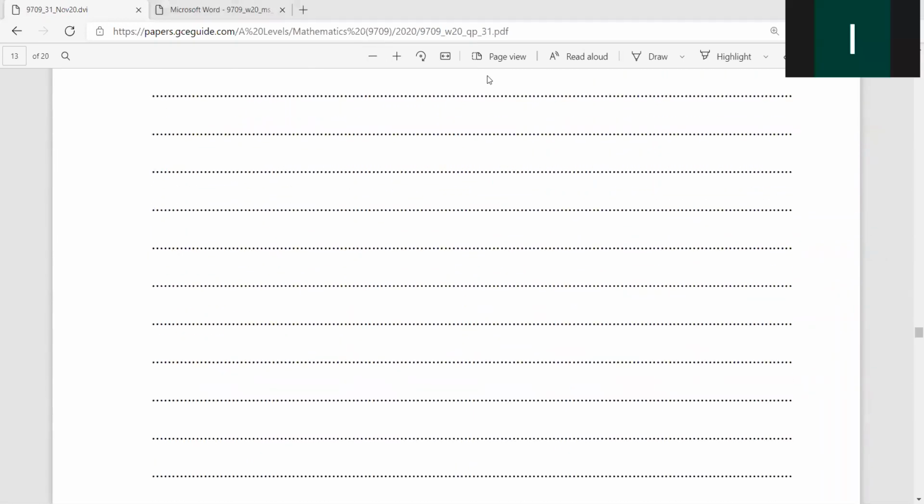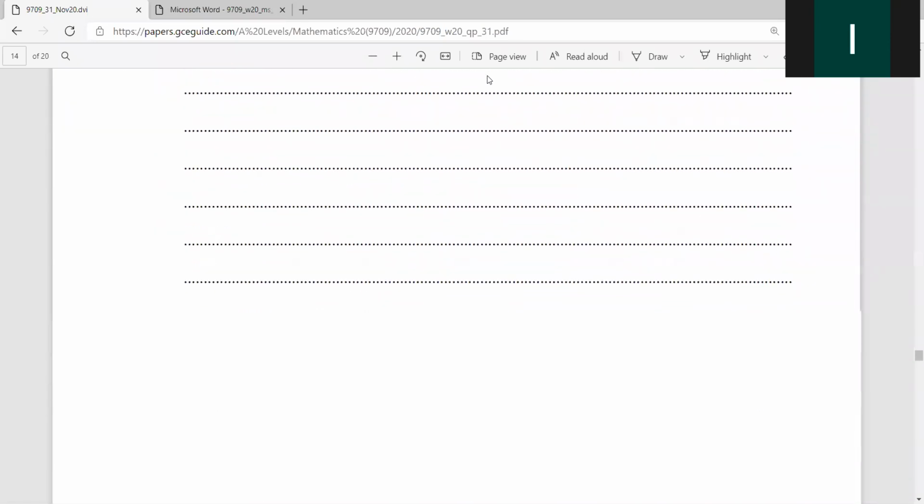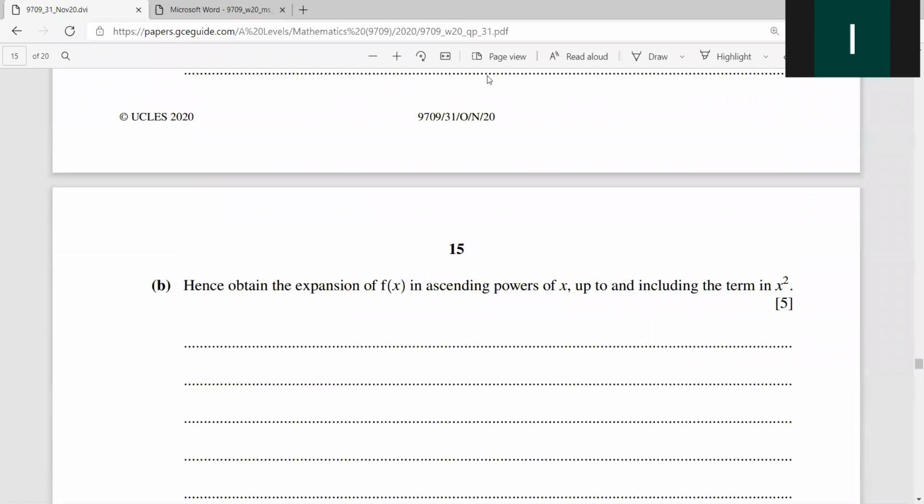Here is question number 9. We have to express f of x in partial fractions. Now, when I have to do that, I should check what I have to do in the b part. In the b part, it says it is about the binomial expansion.